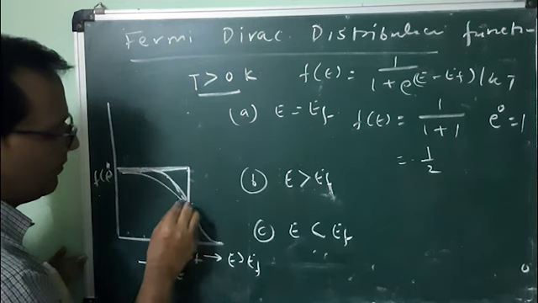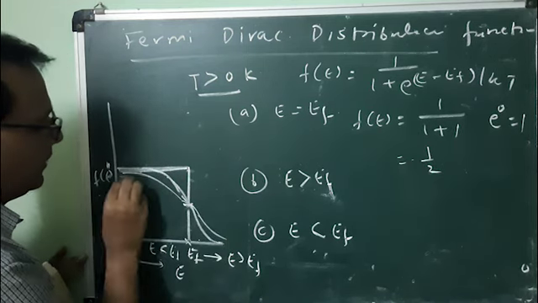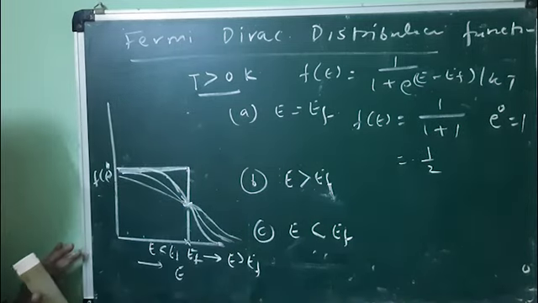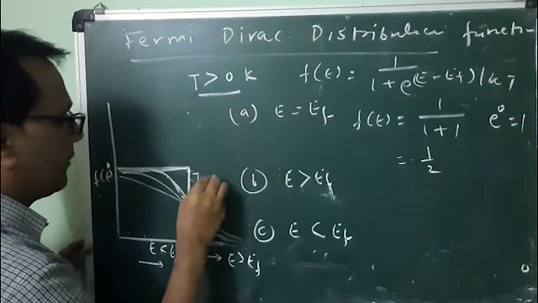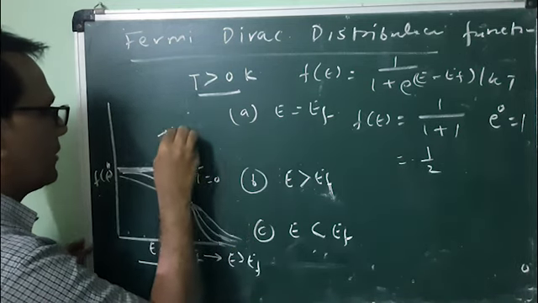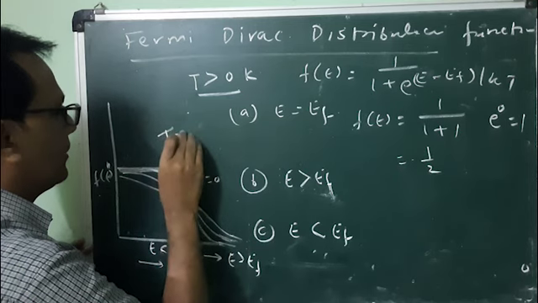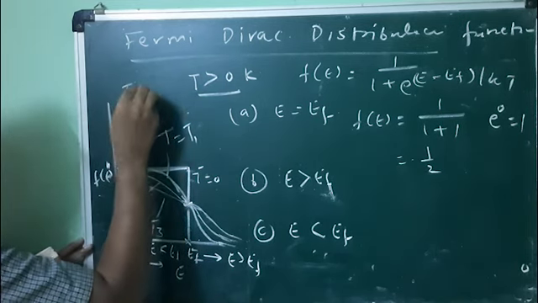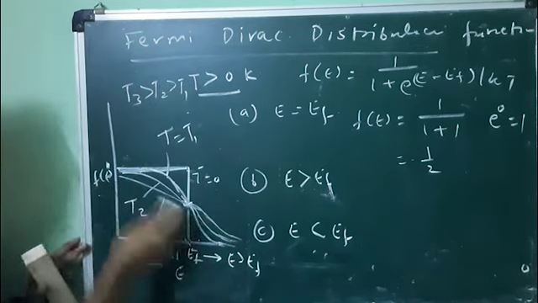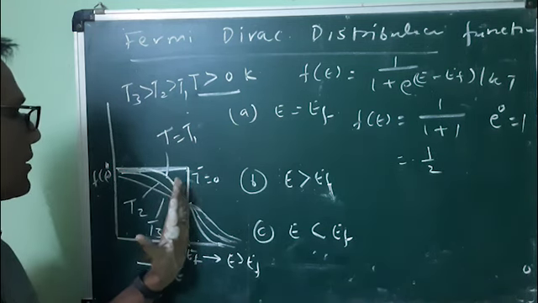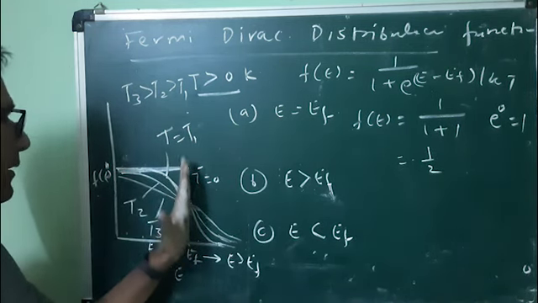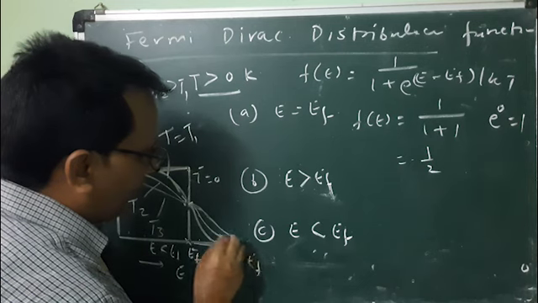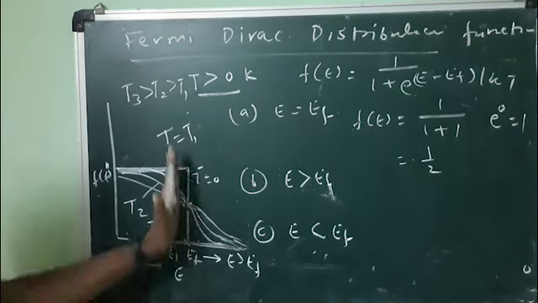For another temperature we will have the second curve, and for the third temperature another one. For every temperature this point is common. This is for T equal to 0, this is for T1, this is T2, this is T3, where T3 is greater than T2 is greater than T1. So as temperature increases, the curves separate out from this line.